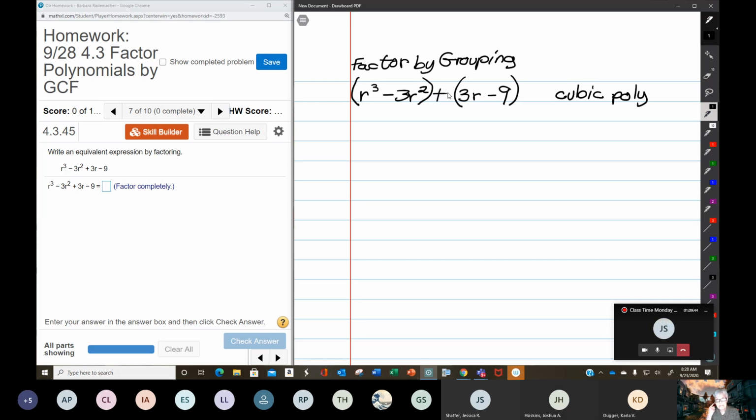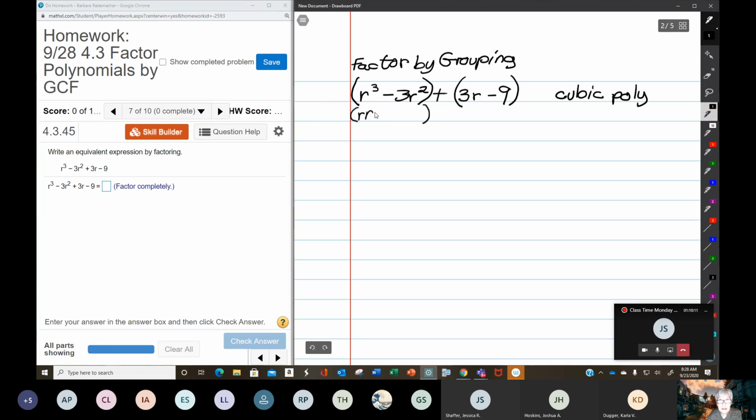Okay. Now, I'm going to work inside the first term, and I'm going to pretend for a little bit that the second set of parentheses is not there. I mean, work inside the first set of parentheses. And what I'm going to do is break down each term in the first set of parentheses.